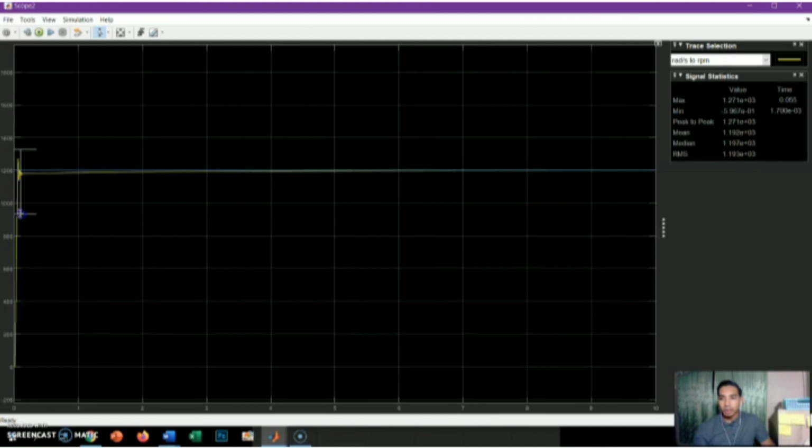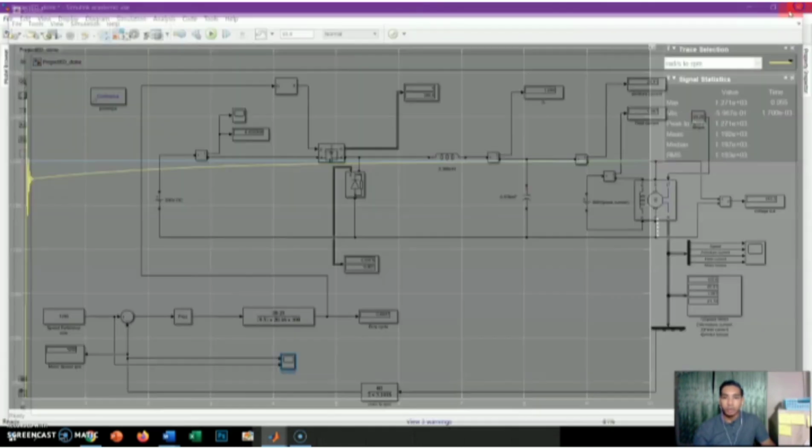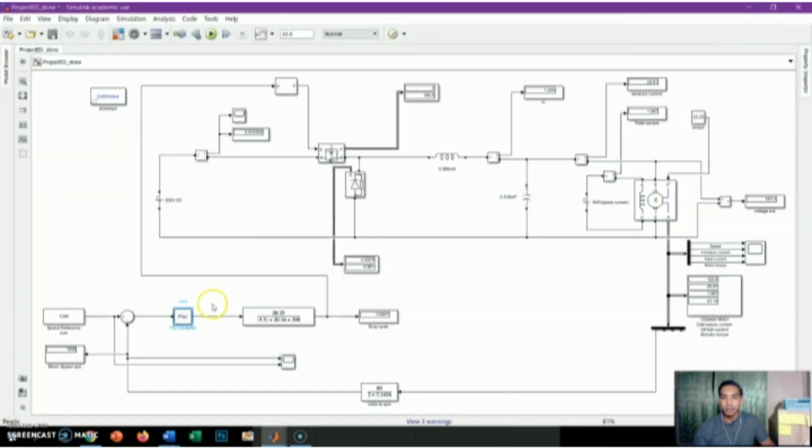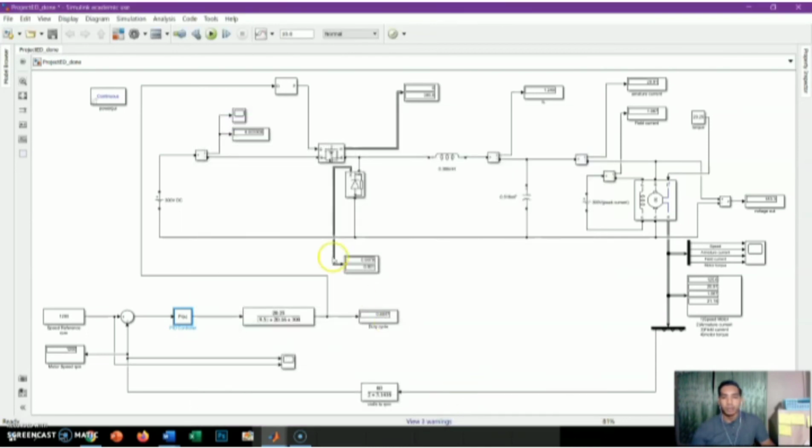We can see here 1271. So this is not good. We need to change the PI controller setting to 6. That's all from me for the simulation of this circuit.